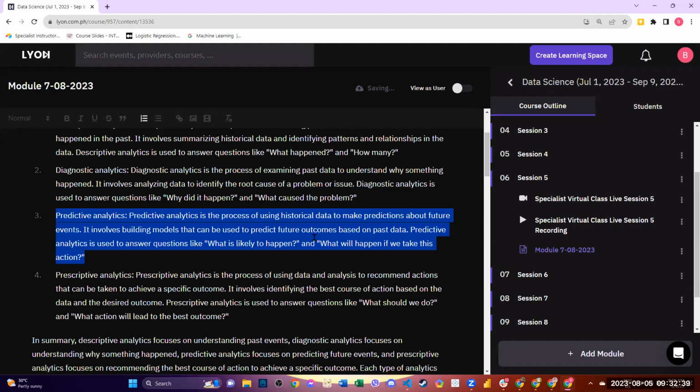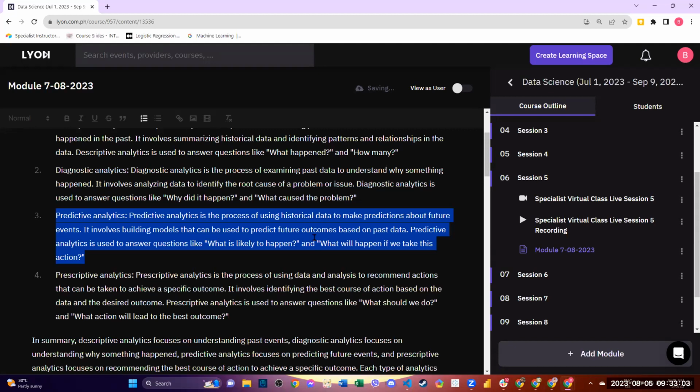So the keyword of predictive analytics is we classify or we predict what's going to happen, or most likely what will happen in the future. So using our data, we predict what will happen in the future.